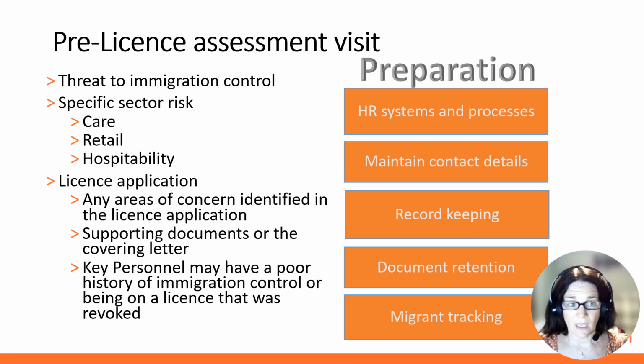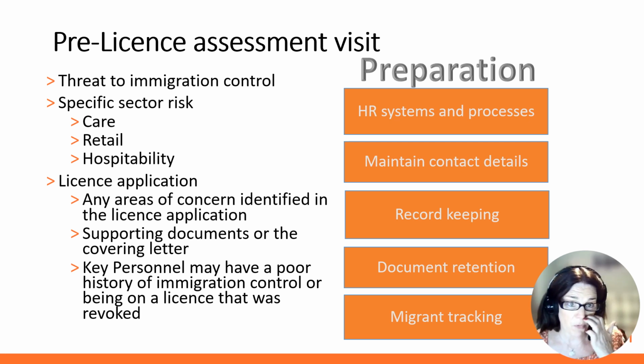It could be that the key personnel who are nominated on the licence have a poor history of immigration control, or that they were previously on a licence that was revoked or had immigration compliance issues. The pre-licence assessment visit is not a prerequisite of being granted a licence, but failing to demonstrate the ability to comply with sponsorship duties could result in the non-grant of a licence.